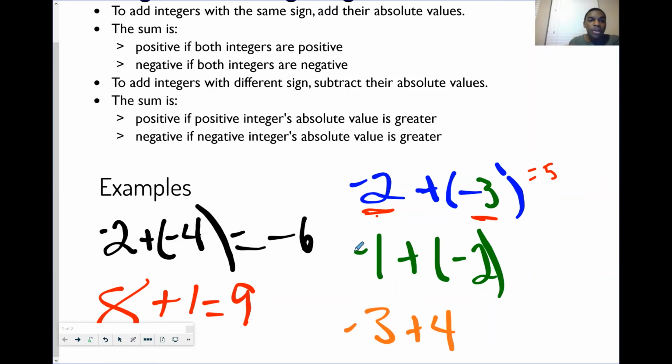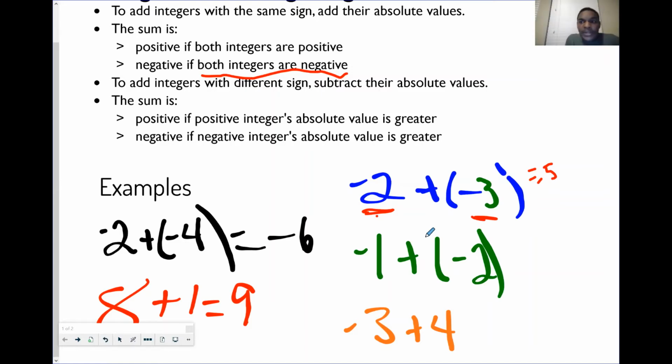So the sum is what? Negative. Because why? If both integers are negative, okay? It's kind of like how a negative times a negative is a positive, or a negative times a positive is a negative.